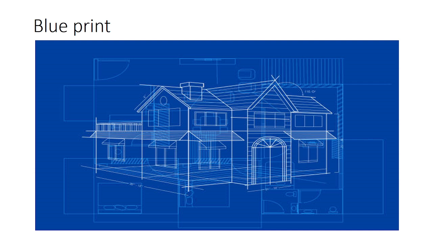Based on the blueprint, they will create the object. House is one object. Before going to the object, they will create the class. Class is nothing but blueprint. After completing the blueprint, a picture will come, and based on that only, they will create one object. Here the object is the house.